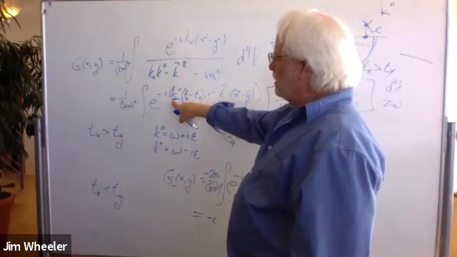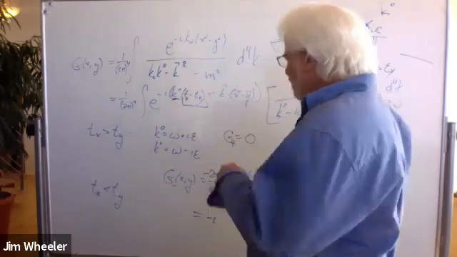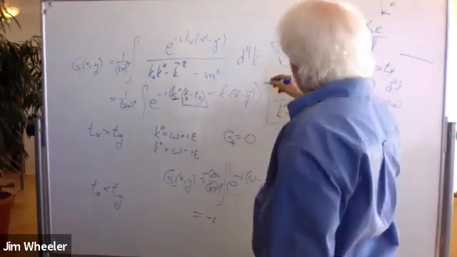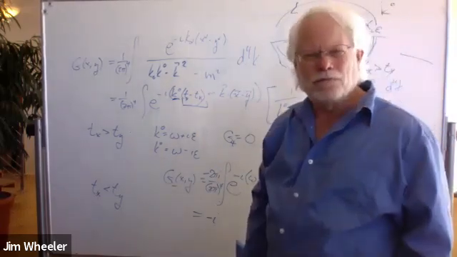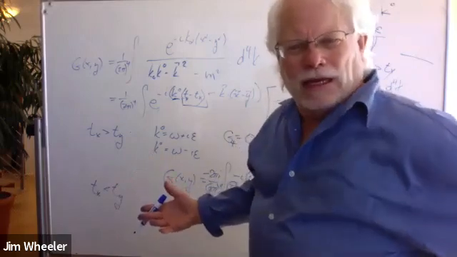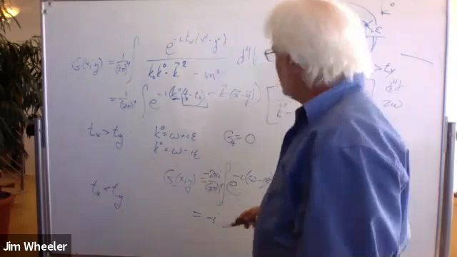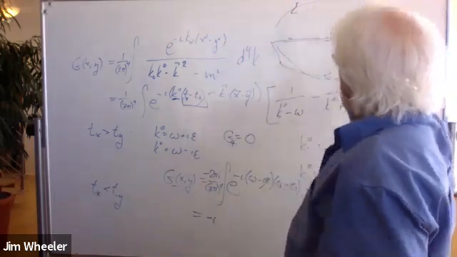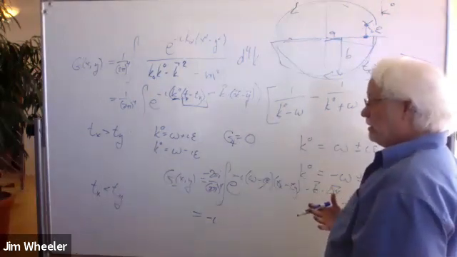So what we need for convergence is k to have a positive imaginary part. So now that means we have to close in the upper half plane. And now it encloses the other pole. And so again, we have these two cases when t_x is less than t_y. We close in the upper half plane, we get two more results.